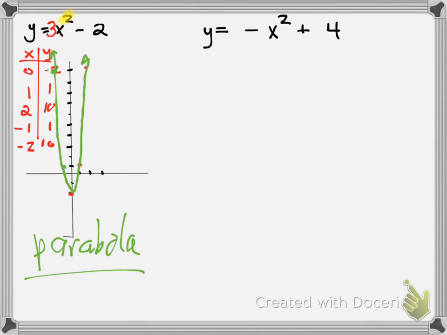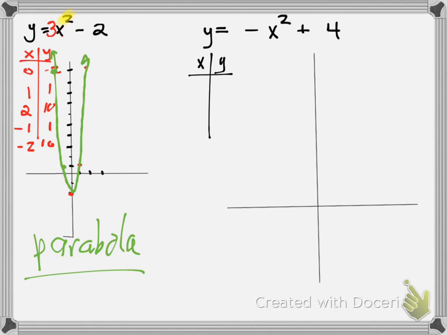All right. And then this one is probably a little bit better because there's no 3 out front. Kind of the plan before was to not graph it with a 3. So let's do this with just -x squared plus 4. So let's do -2, same 5 x values.